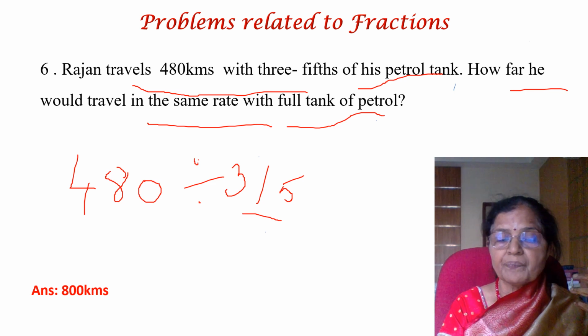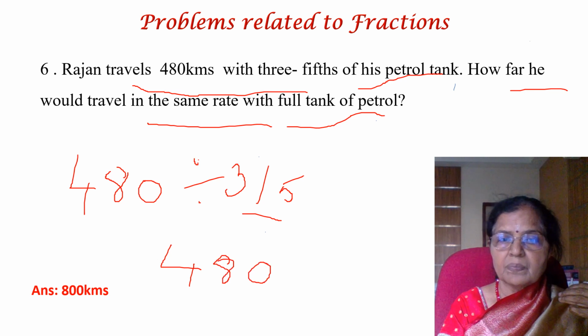So if you want to divide 480 by the fraction 3 by 5, then what is the rule for division? You have to put the reciprocal of 3 by 5. What is the reciprocal of 3 by 5? 5 by 3. So 480 multiplied by the reciprocal of 3 by 5, which is 5 by 3.